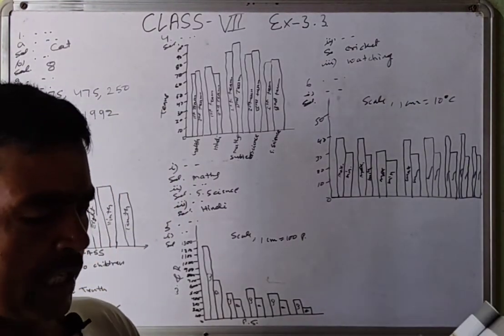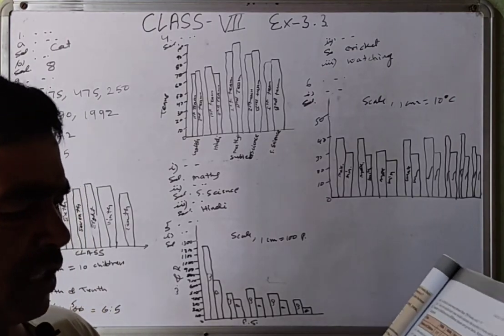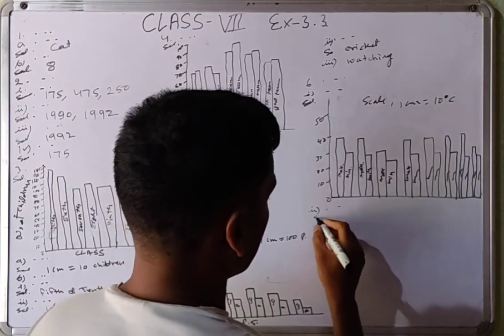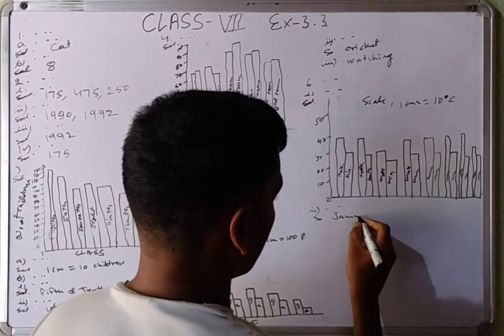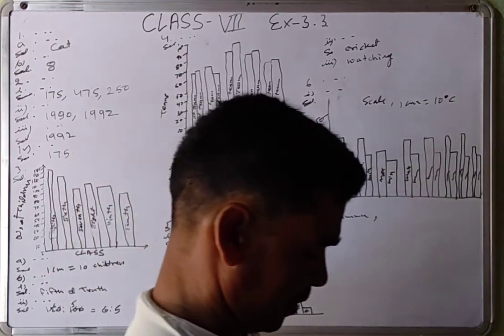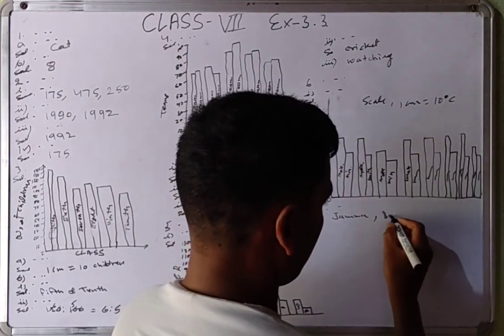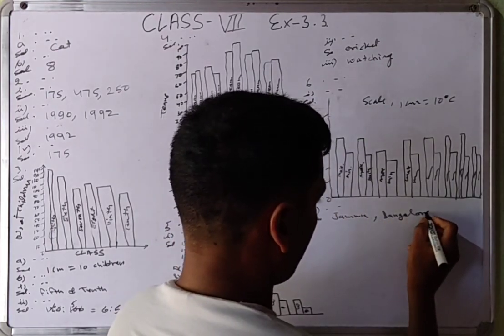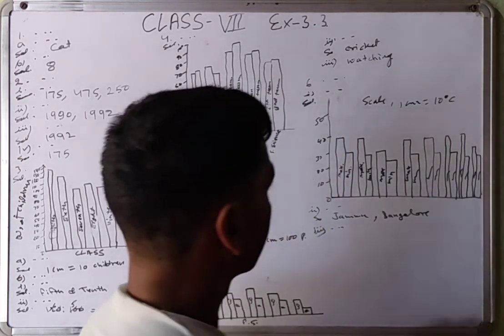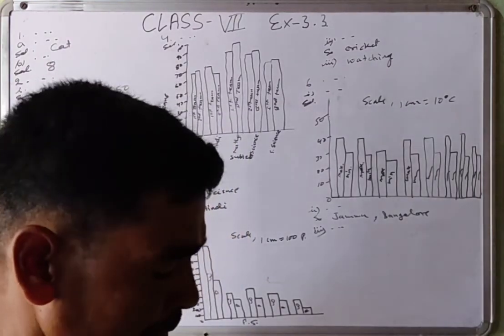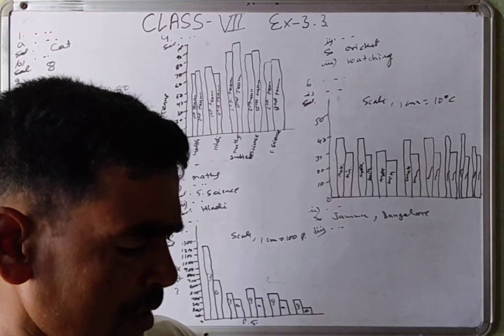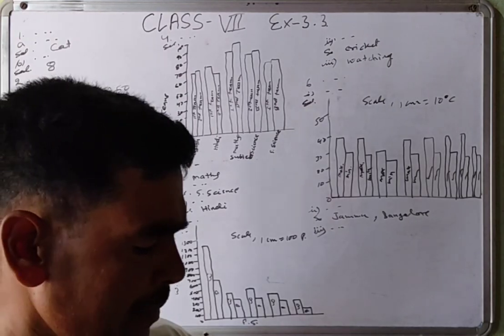Which is the hottest city and which is the coldest city? Jammu and Bangalore. Second part, third part. You will see when you look at the table. Name two cities where the maximum temperature of one was less than the minimum temperature of the other.